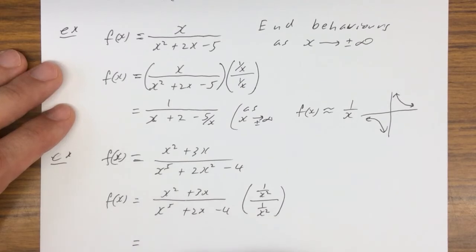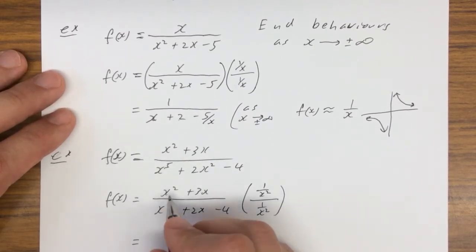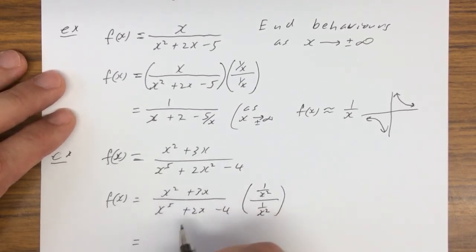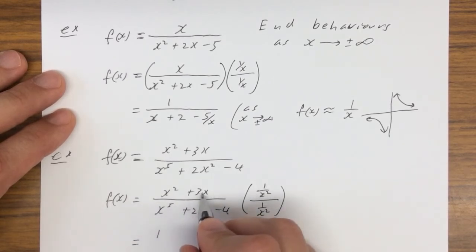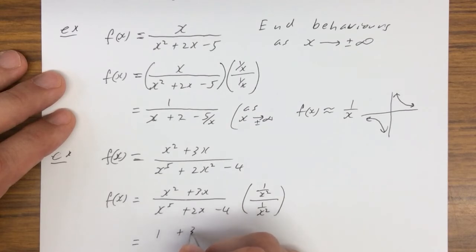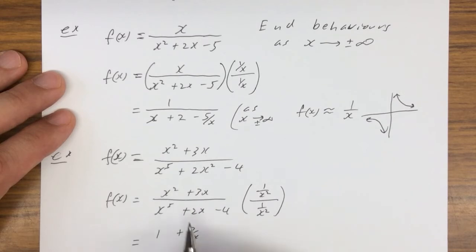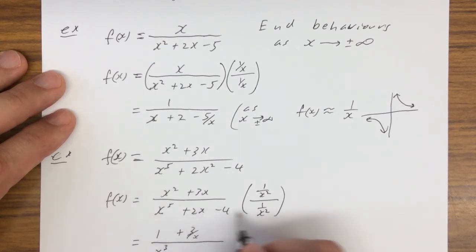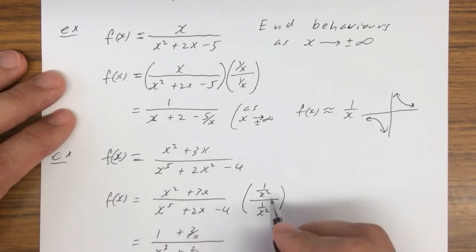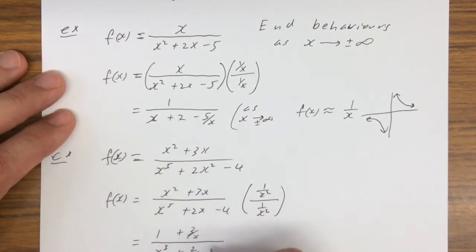And that becomes, well, 1 over x squared times x squared is 1, and then plus 3 over x. As x goes to infinity, this is negligible. Then x to the 5th over x squared is going to be x cubed. 2x squared divided by x squared is going to be plus 2, minus 4 over x squared.